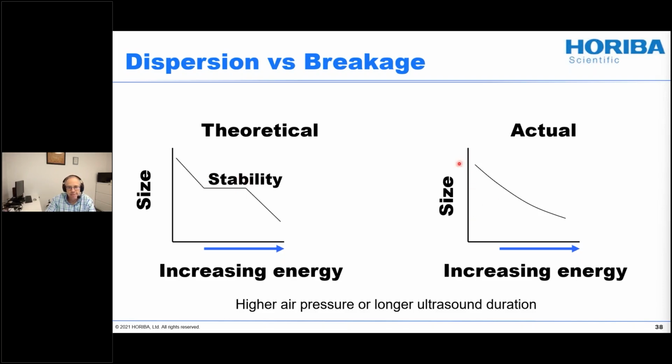What really happens is that this kind of stair-step effect is smoothed out. So you're going to have to pick where the slope is minimized rather than where it actually goes horizontal.